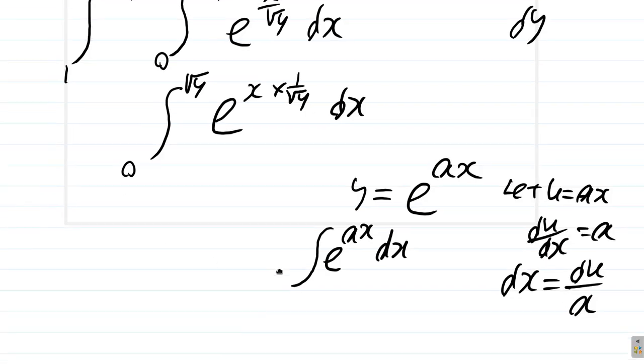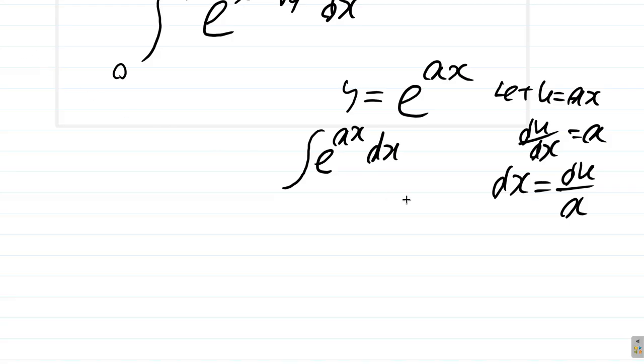Just a reminder here, integration by substitution. So you have the integral of e to the u, because u is ax, dx. But what is dx? You want the integral of a function of u du, not dx. Right?